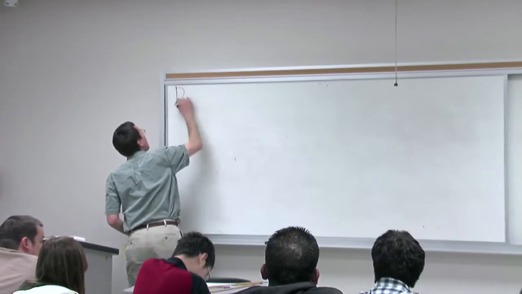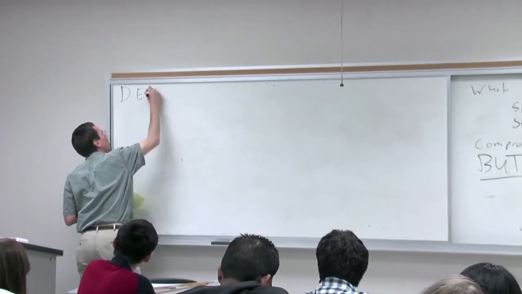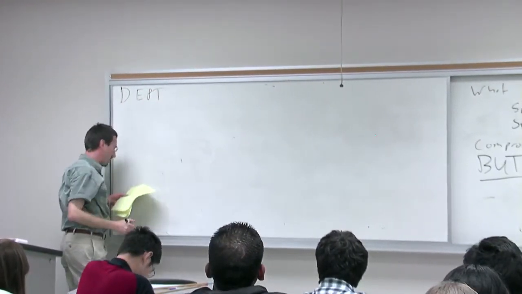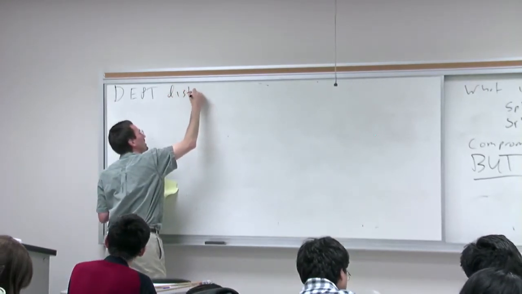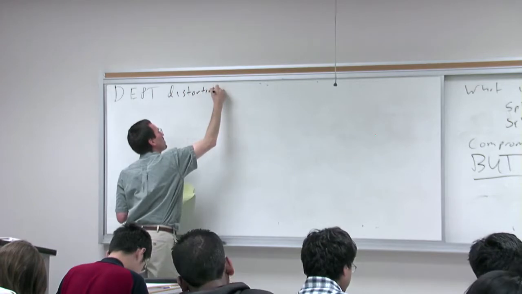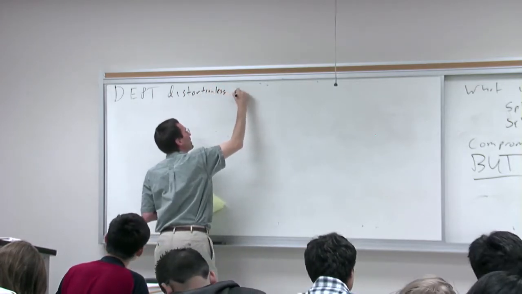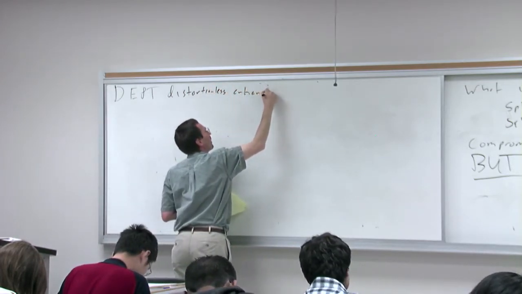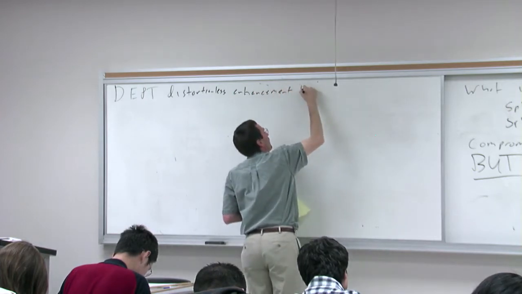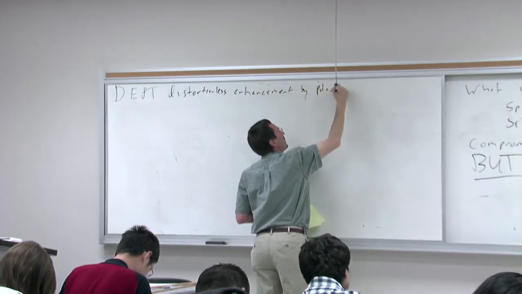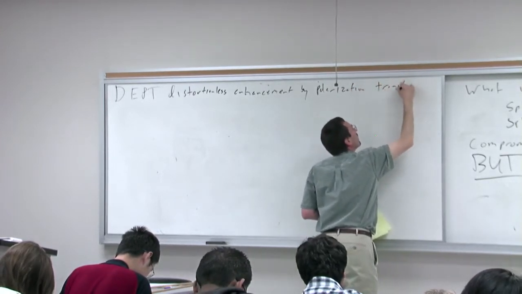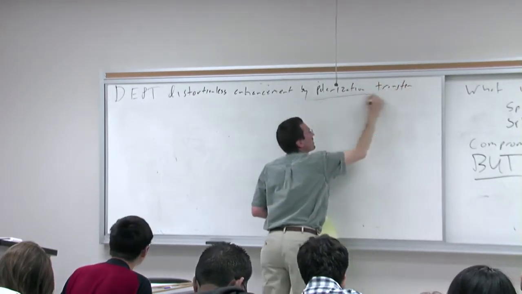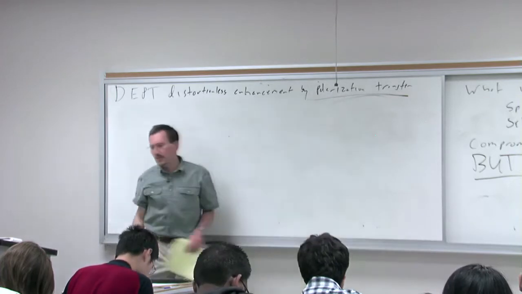All right, let me take a moment. I'm going to show you the DEPT pulse sequence and tell you what it does without necessarily walking through the spin physics. As I said, it's distortionless enhancement by polarization transfer, and the polarization transfer really is the key part.